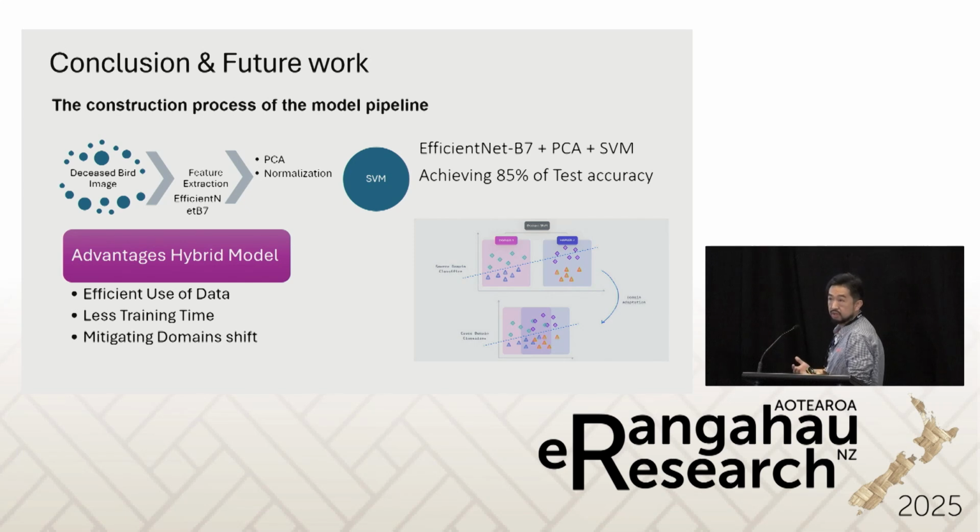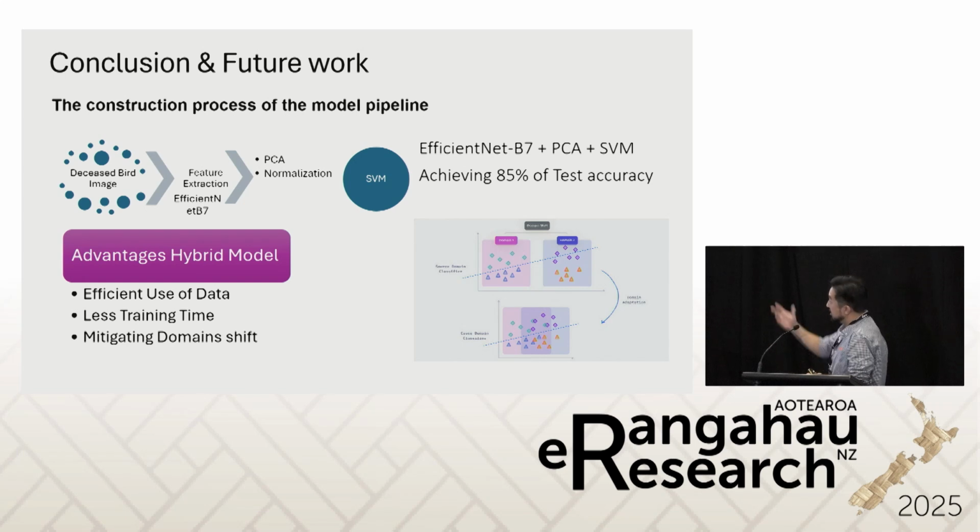Deep learning is very good at feature extraction, and the SVM, as a traditional machine learning classifier, works very well with high-dimensional features. So the hybrid model achieves much better test accuracy compared to using the pre-trained model alone, and it also helps mitigate the domain shift issues during feature extraction.